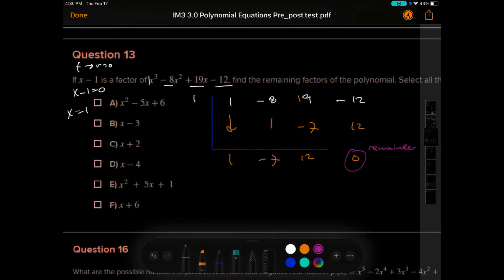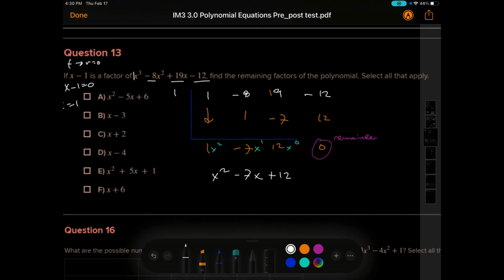And so what it's done is it's decreased its powers. So 12 is a constant, you just add an x, and this one's x squared. So if you really want to see it, it'd be something like that. Super clean, looks like this. And then we just need the factors. So if you bring this one down, this is really x minus 1.